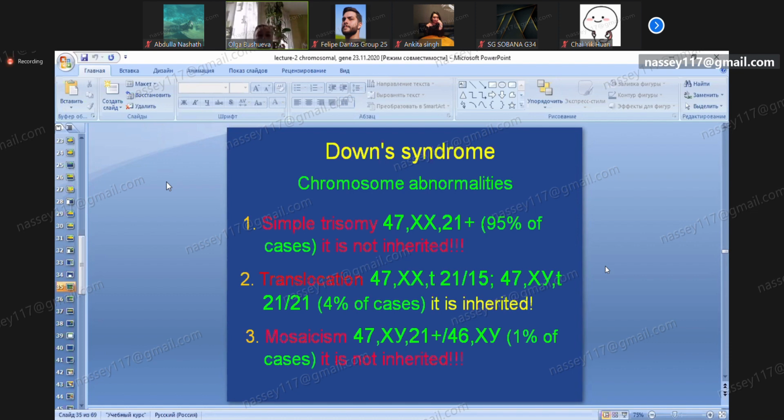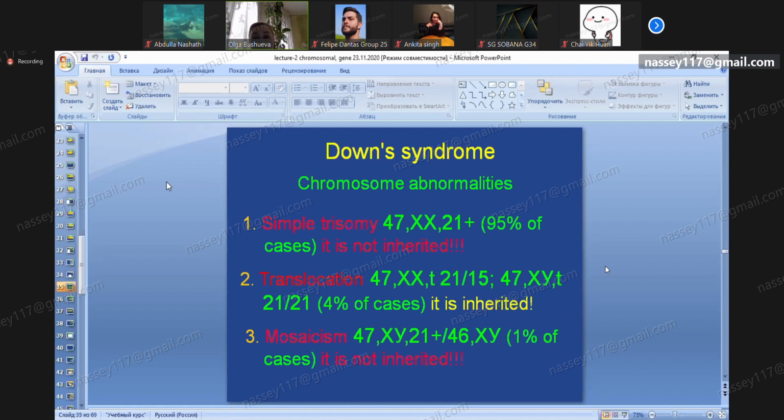And on this slide, you can see an example of karyotypes of patients with different cytogenetic forms of Down syndrome, like trisomy 47,XX or XY, +21, each with an additional chromosome. An example of translocation form.